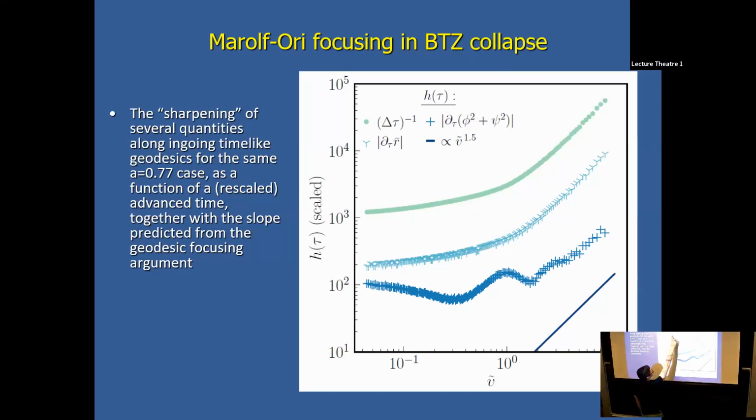So at late times, this is a slope that you got from the geodesic calculation, and qualitatively it matches. Somehow it got some schematically qualitative aspect of it, despite the fact that in this region the geometries are completely different. It shouldn't really know what's going on there, but somehow it did.